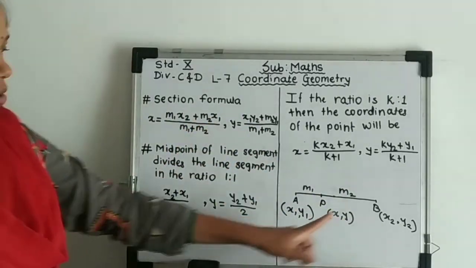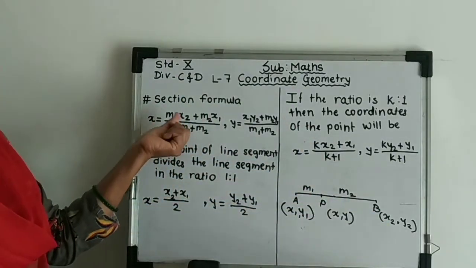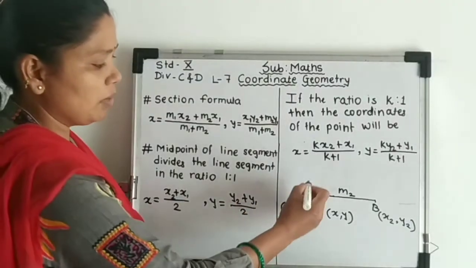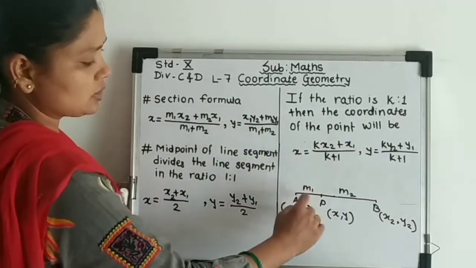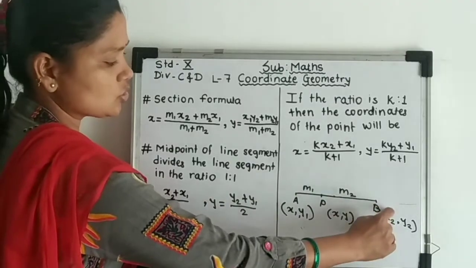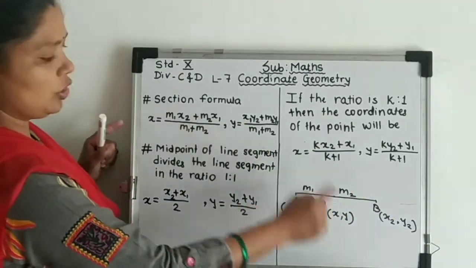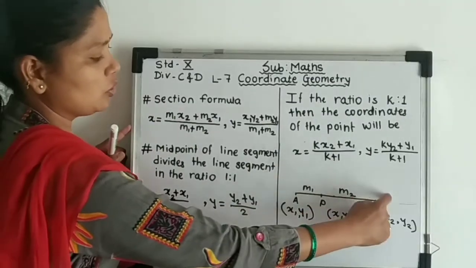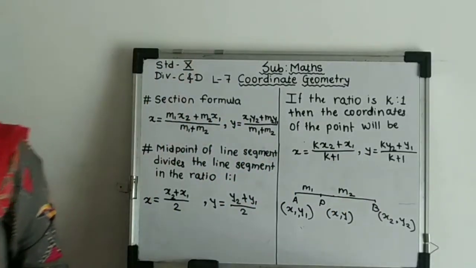These we will know, and this one also is known. See here, m1 x2: while multiplying, we multiply m1 into x2 and then m2 into x1, right? Likewise, we multiply in the cross way.